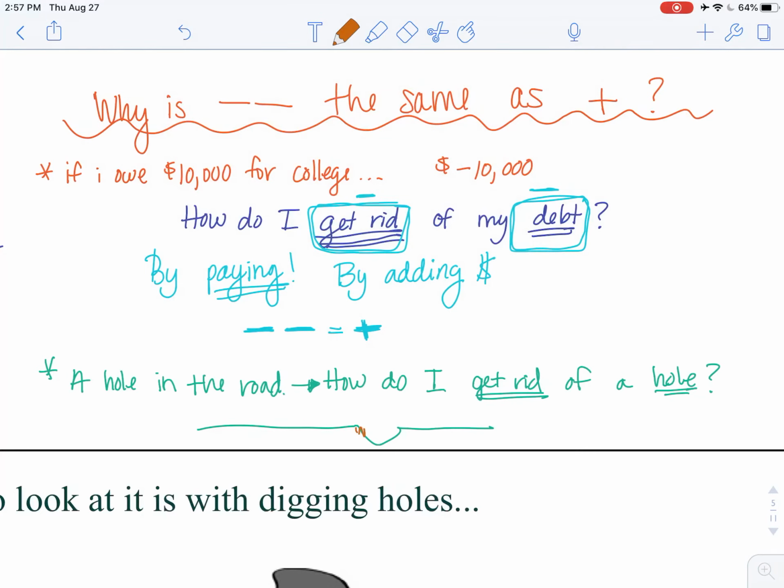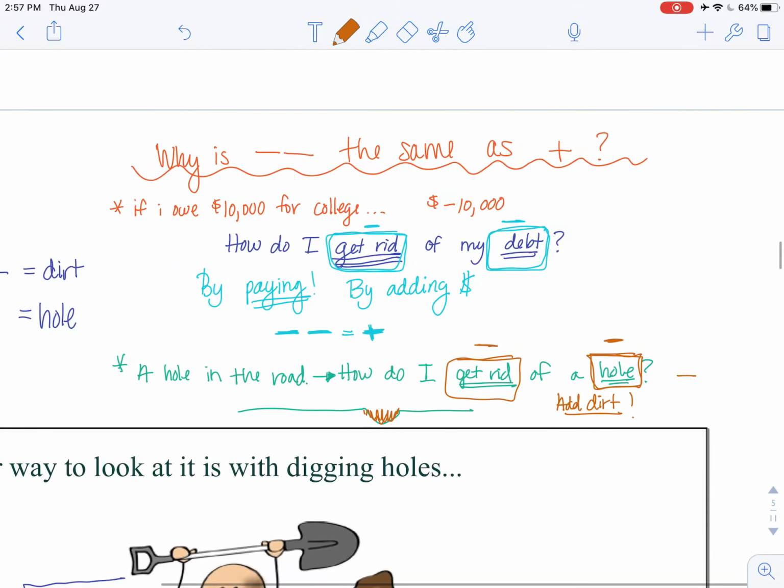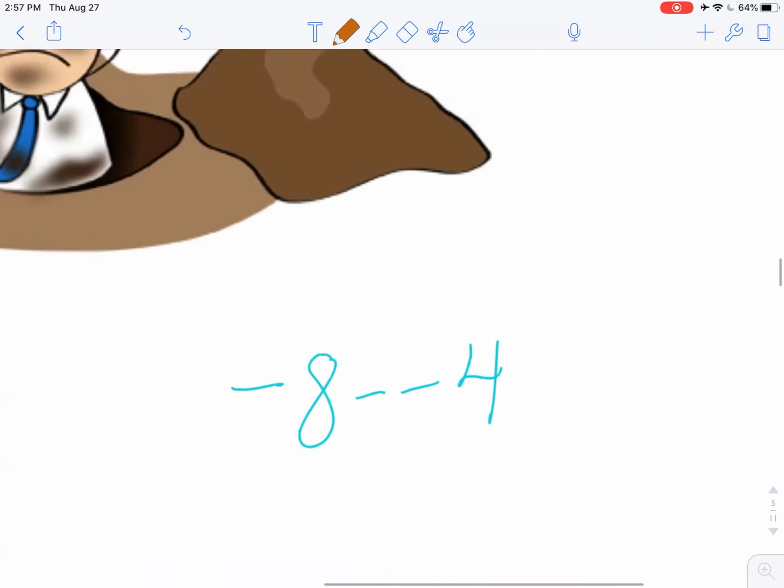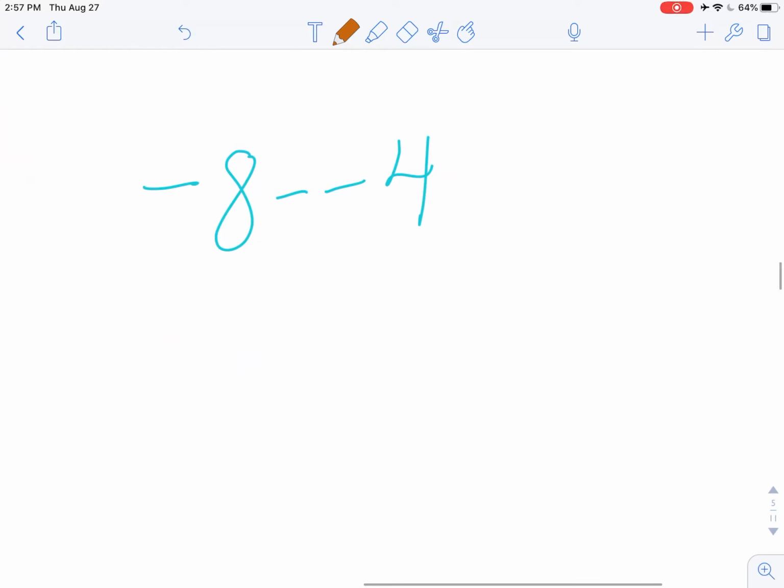By filling it with dirt or cement. By adding dirt. Again, get rid is minus, subtract. And a hole has that missing space. That's negative. So again, in this situation, getting rid of a hole or getting rid of a negative is the same as adding. So let's look at our example down here of -8 minus a -4.